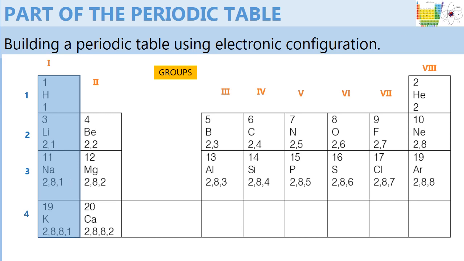Similarly, we have group 2. All the electron arrangements end with number 2. Next is group 3 and group 4, group 5. Do you notice that each of these groups have their electron arrangements ending with the number of the group?